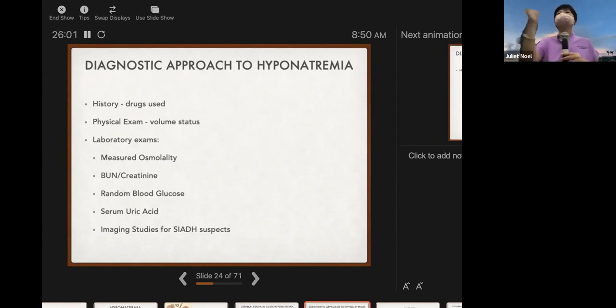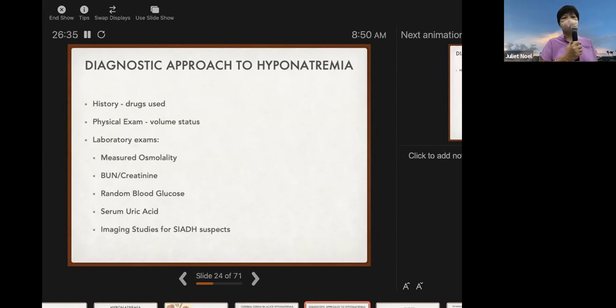You add that to your measured sodium, so your corrected sodium is 133. Okay? So the rule is for every 100 above 100, you add 1.6. You follow? Okay, so that's the formula for correcting measured sodium based on hyperglycemia.